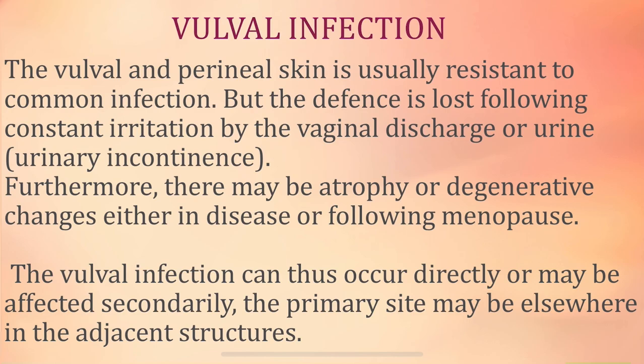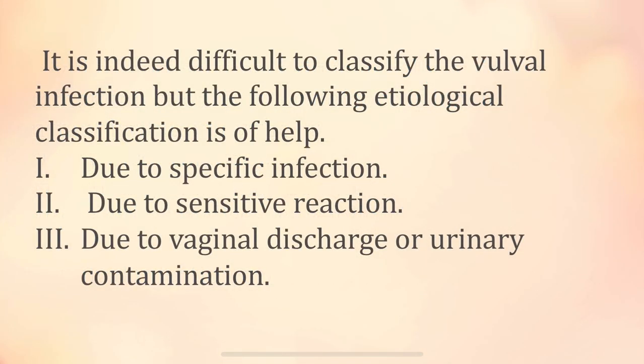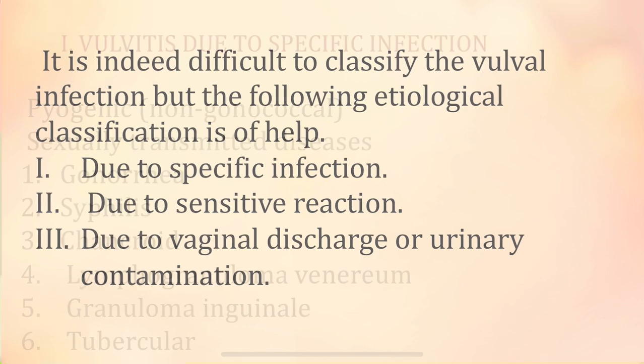It is because the defense is lost and there is constant irritation produced by the discharges and urinary incontinence. So it is indeed very difficult to classify vulval infection, but this etiological classification could be of help to us. It is classified based on specific infection, or due to a sensitive reaction, or because of vaginal discharge or urinary contamination.